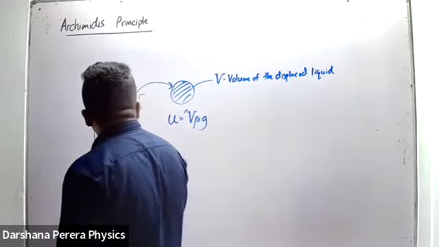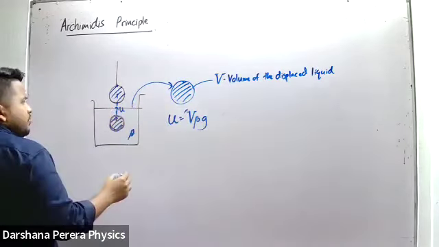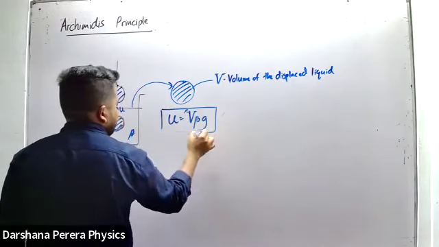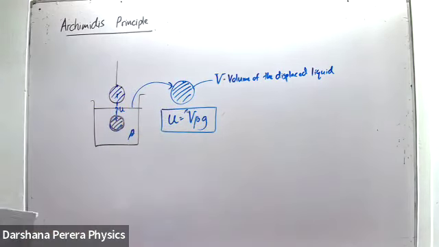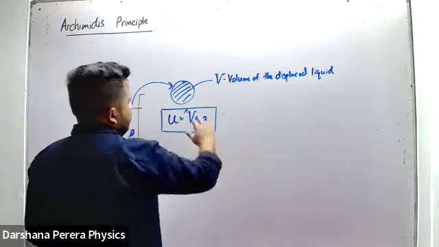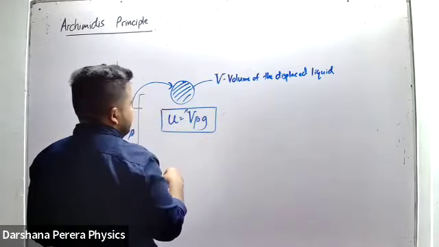Right. Write down this one. Draw this one and write down this one. I think okay. This is the liquid volume that we displaced.